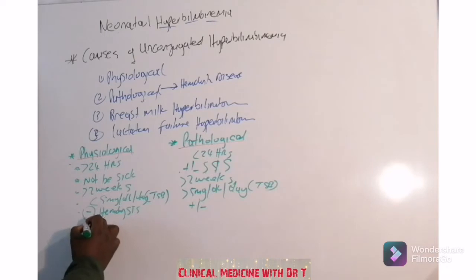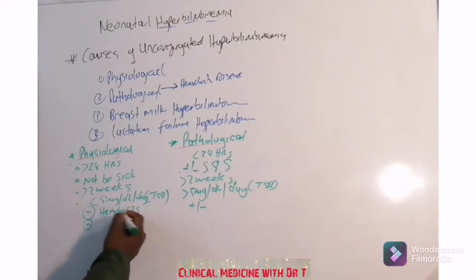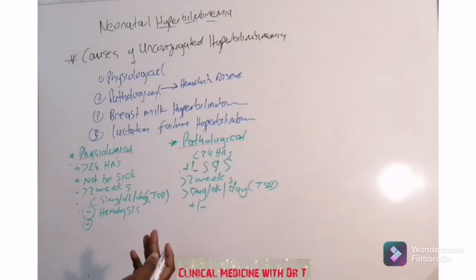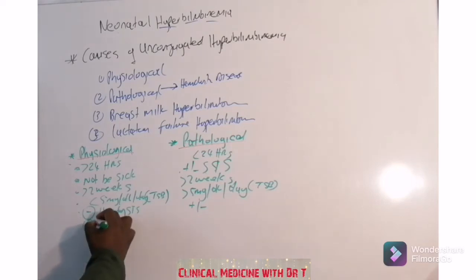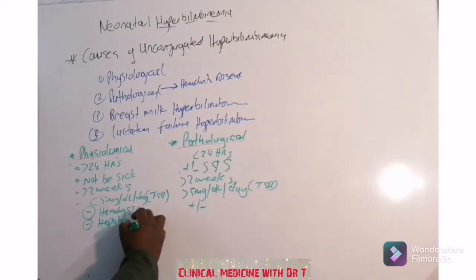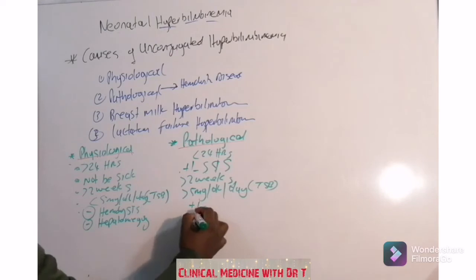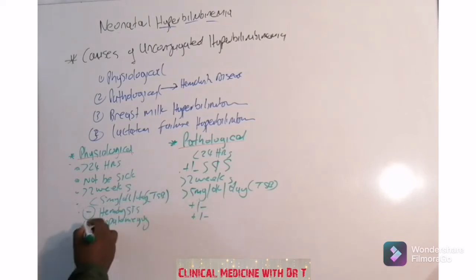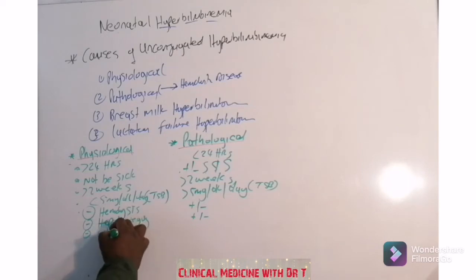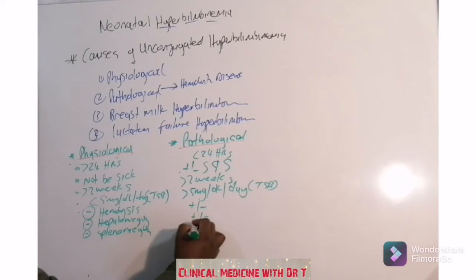You shouldn't have organomegaly, like hepatomegaly. This one you might have, you might not have, depending. You shouldn't have splenomegaly. You might have, you might not have.